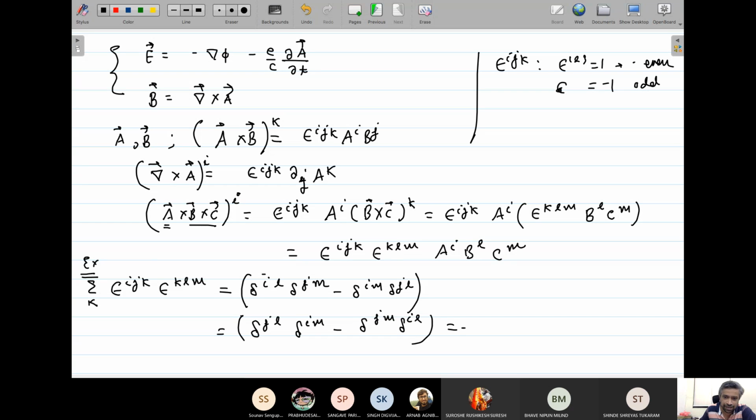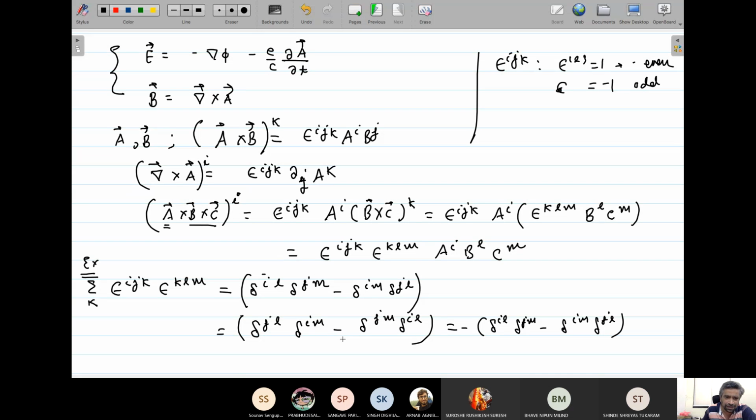But this is just minus of delta_il delta_jm minus delta_im delta_jl. So under the exchange of i and j it is antisymmetric.